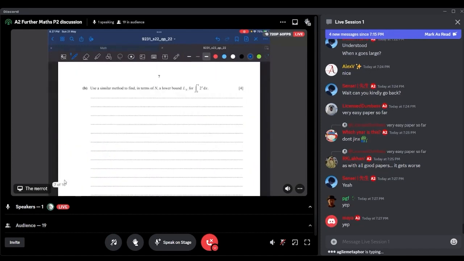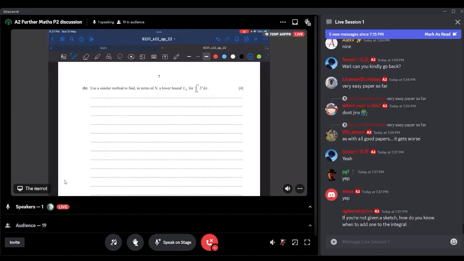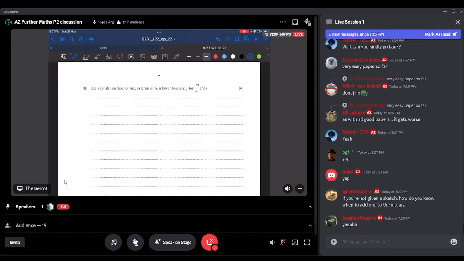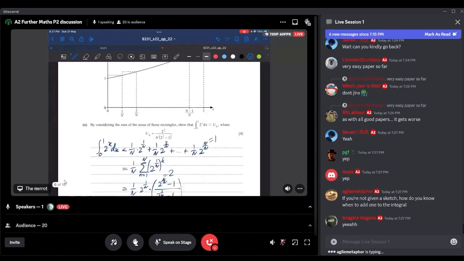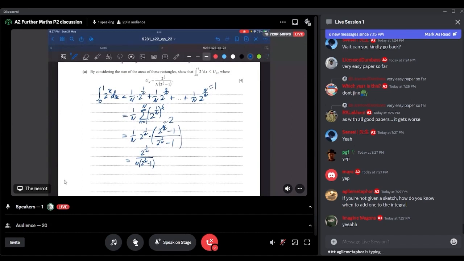Okay, now we do a similar method to find the lower bound. If you're not given a sketch, how would you know when to add 1 to the integral? What do you mean by add 1? Take your time to type. It's okay. I'm just not sure what you mean by add 1.